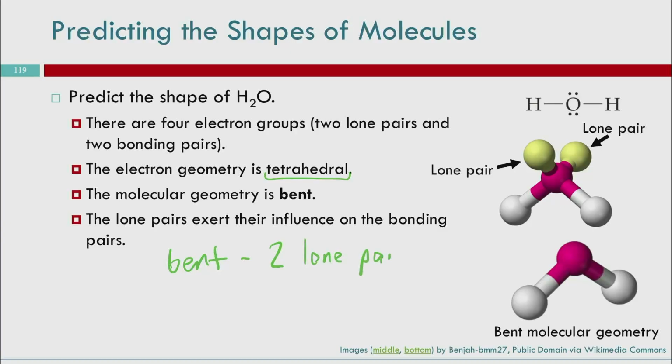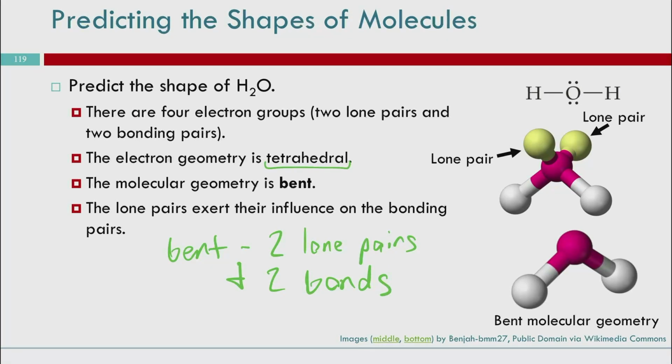We can get that with 2 lone pairs and 2 bonds. There's another way that we can get bent geometry. It can be with 1 lone pair and 2 bonds.